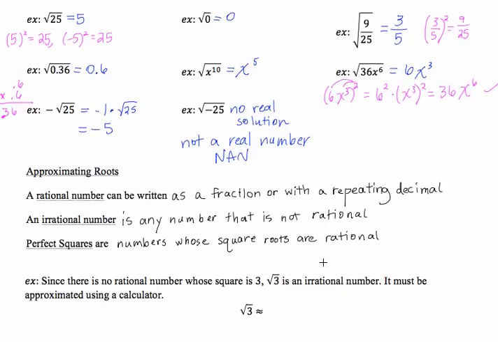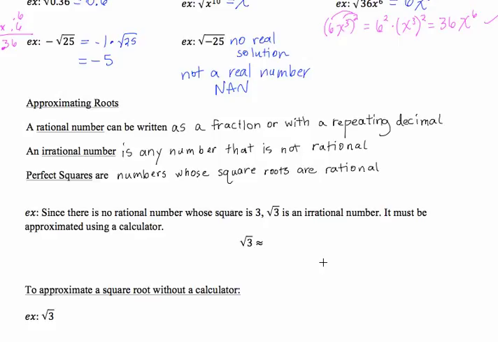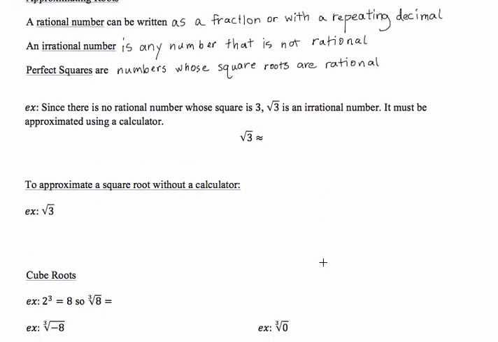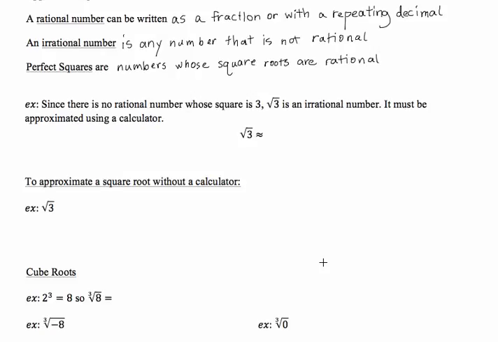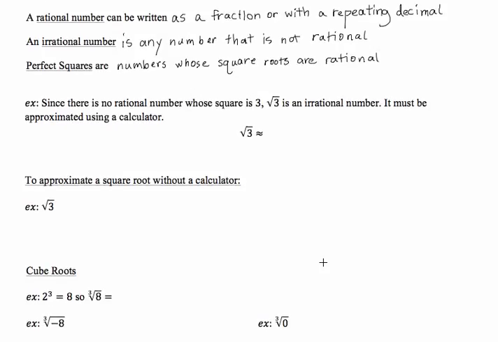Okay, next let's look at approximating roots. First I want to talk about what is the difference between a rational and an irrational number. Okay, a rational number, this is just terminology that you need to know, is any number that can be written as a fraction or with a repeating decimal.